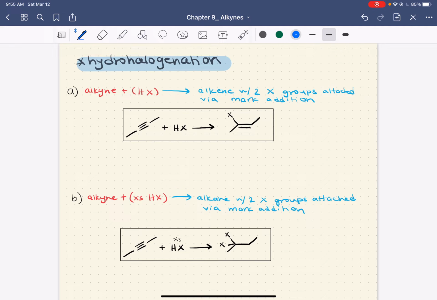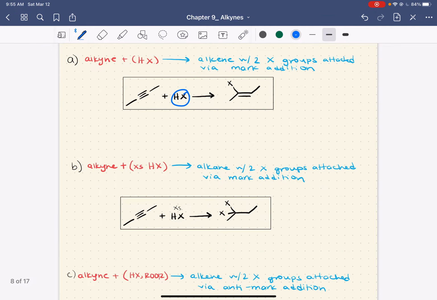Now we can move into hydrohalogenation. There are 3 types of hydrohalogenation reactions. In all 3, we are adding a hydrogen and a halogen to the triple bond. In the first, we react an alkyne, a triple bond, with 1 equivalent of hydrogen halide.